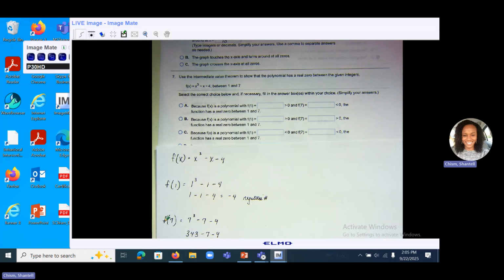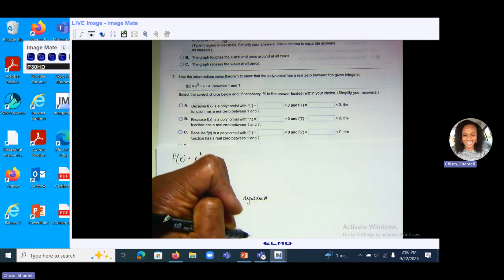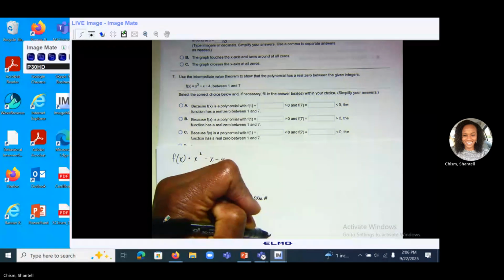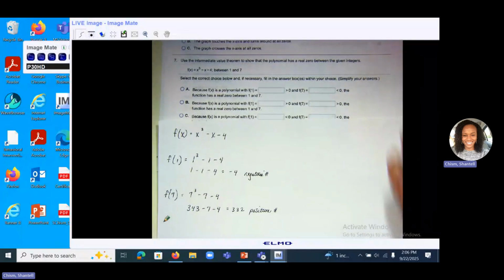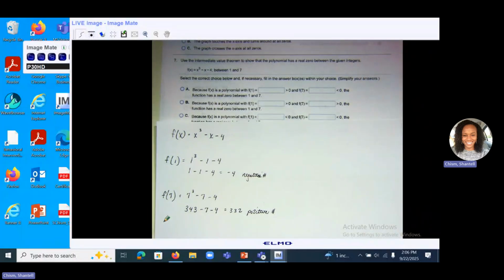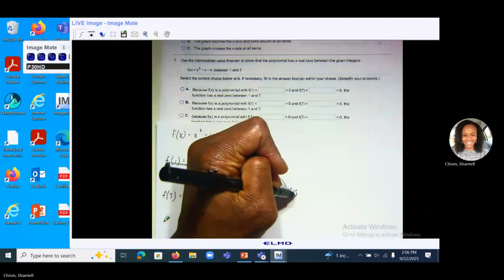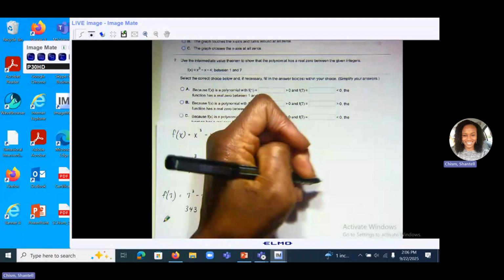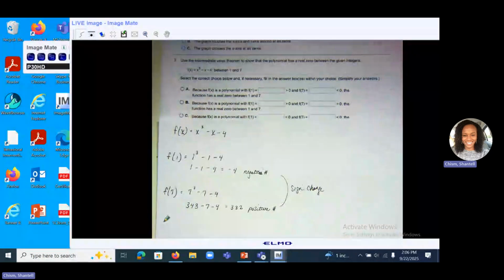So 343 minus 7 minus 4, we get 332, which is a positive number. So we have a sign change somewhere between these two values, which indicates that somewhere between 1 and 7, the function crosses the x-axis.